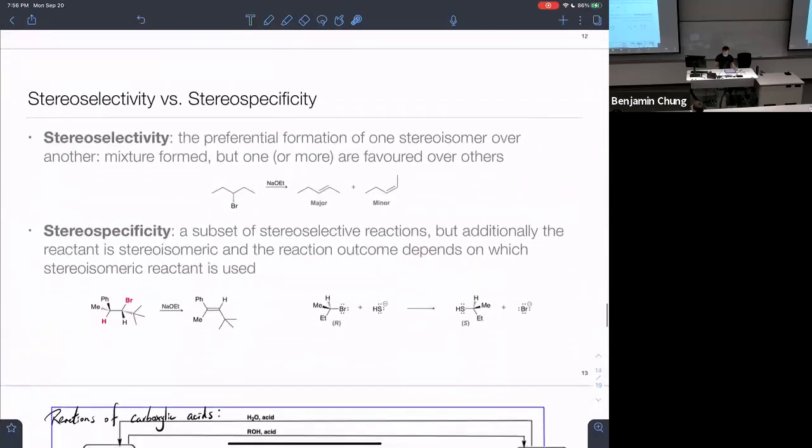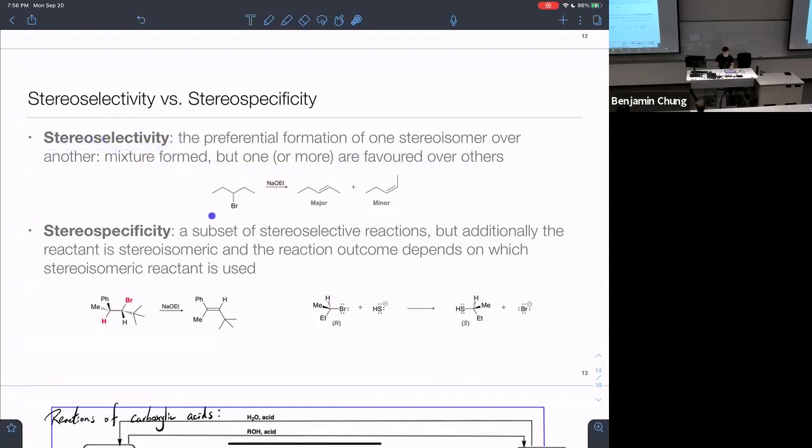And then finally, we have stereoselectivity, the definition being the preferential formation of one stereoisomer over another. In stereoselective conditions, you typically form a mixture, but one of them is favored over the other. So one of them is major, the others are minor. That's what we consider selective.